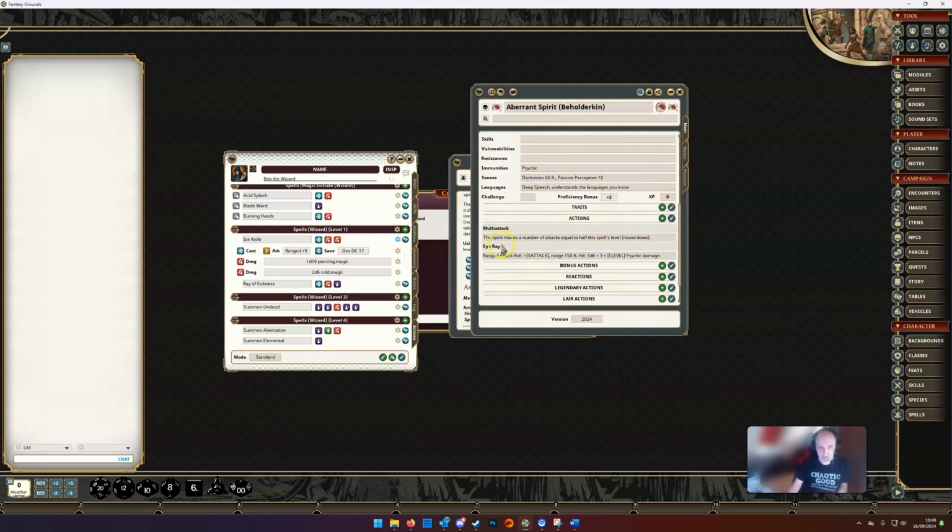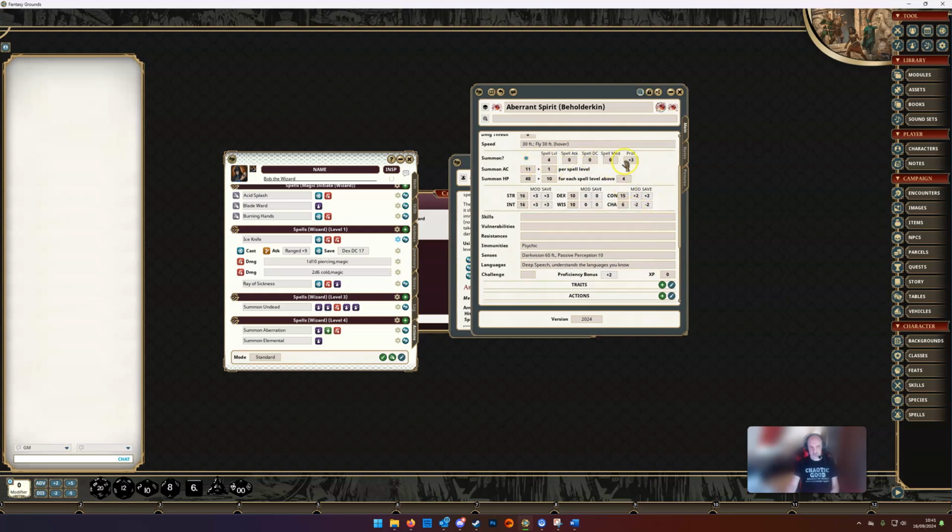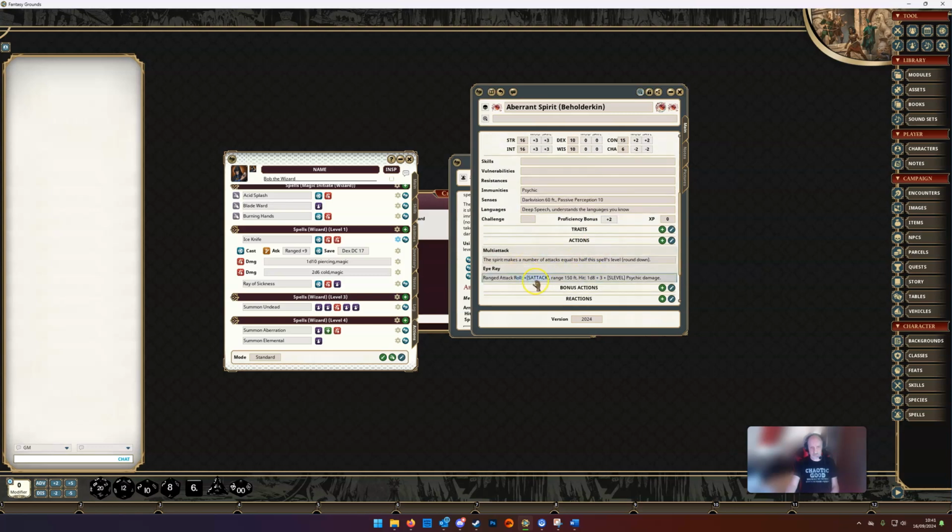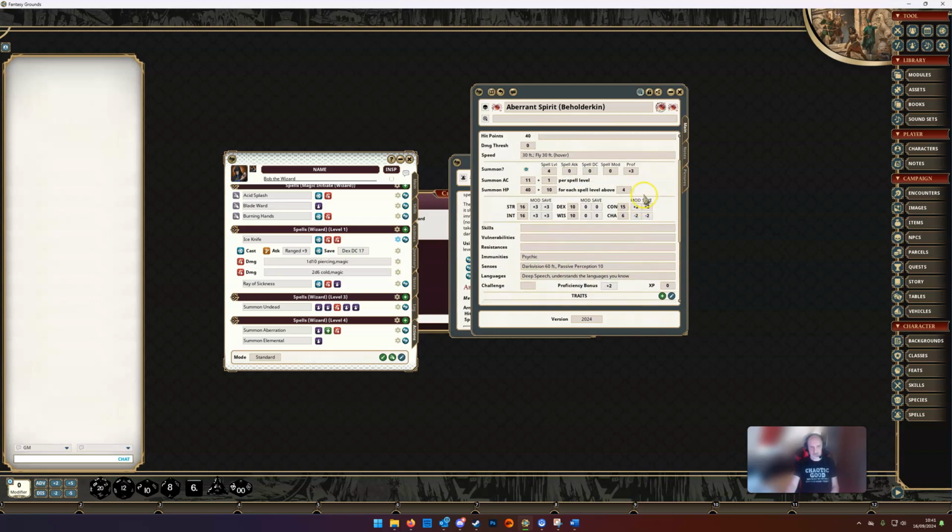If we scroll down further, we can see that we've got the eye rays, a ranged attack of plus S attack, and then the damage is 1d8 plus 3 plus S level psychic damage. So these S level and S attack are related to these boxes up here, and there are various flavors of these, like S attack and S level, and you've got an S DC as well, and these are all related to these boxes in here.